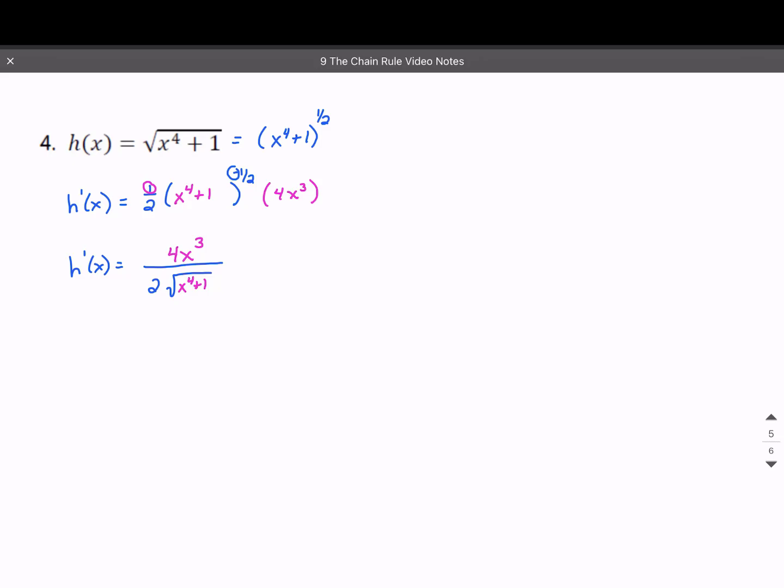We are not finished because 2 goes into 2 once, 2 goes into 4 twice, and now our derivative h prime of x is 2x to the 3rd over the square root of x to the 4th plus 1. I know it's tricky when you start getting into all these fractional and negative exponents, but that's the algebra, and we know the hardest part of calculus is the algebra.